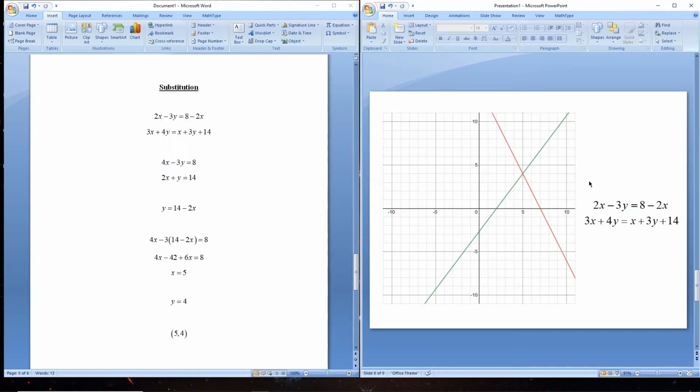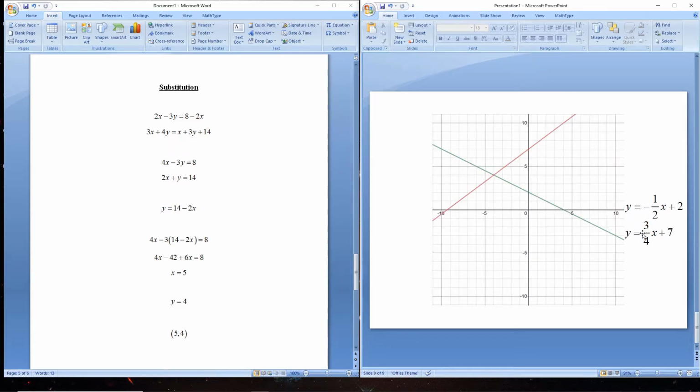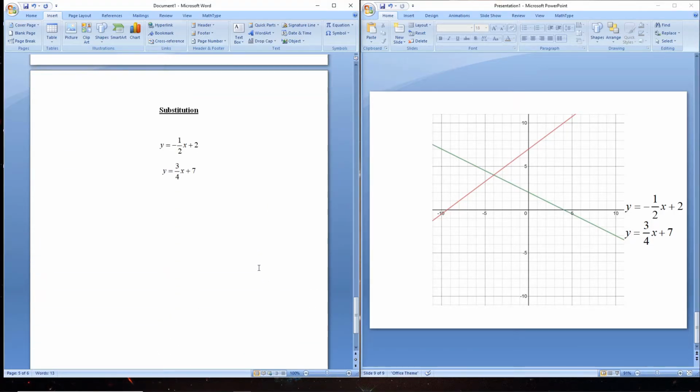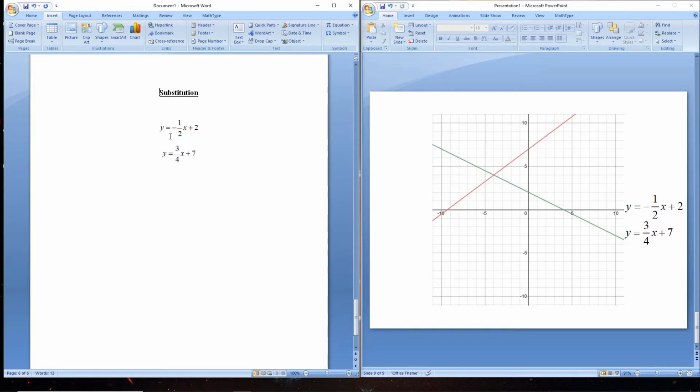So another thing the book tries to do to make these slightly more complicated looking is, of course, to give some fractions. It does make it look more complicated. Now in this case, however, these are both already solved for y. We actually don't have to do any solving step here. We can just take one and plug it into the other.